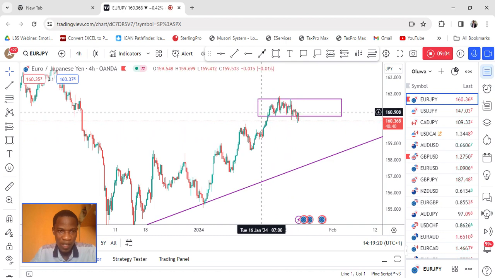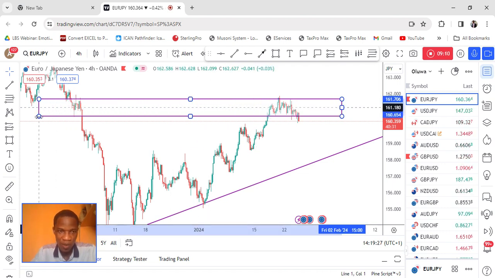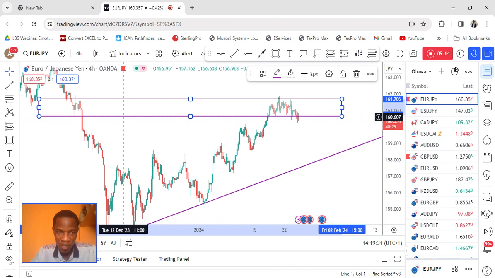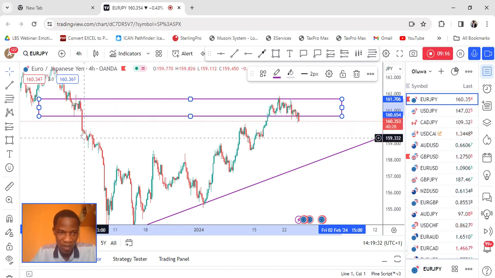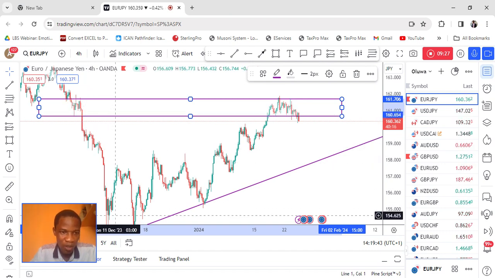You cannot ascertain that it is a breakout until it closes. It's still in the same range, but this particular candlestick broke out of this range, the sellers took over from here, broke the candlestick downward, and the market comes down.